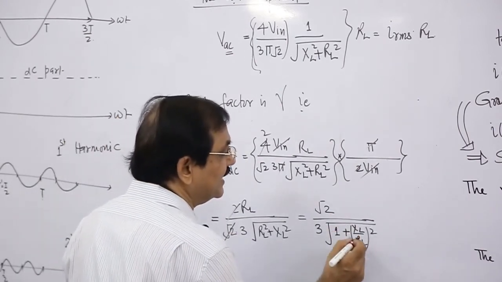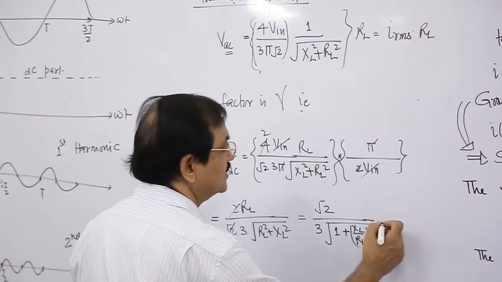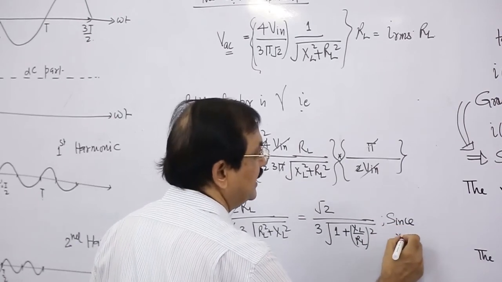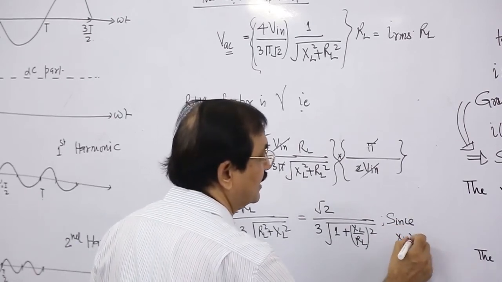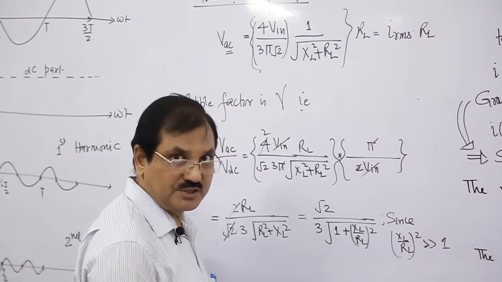Now this XL upon RL whole square is very, very large in comparison to 1.